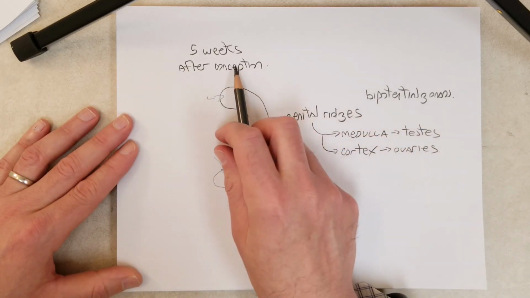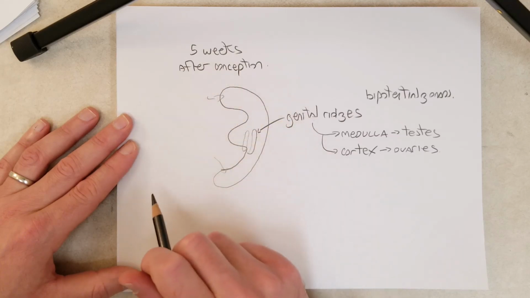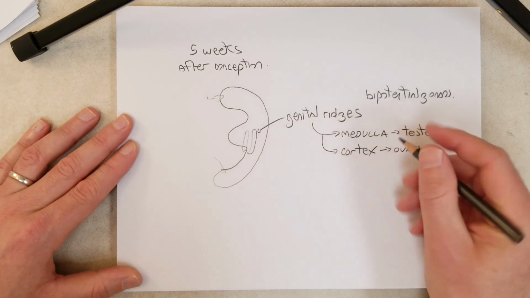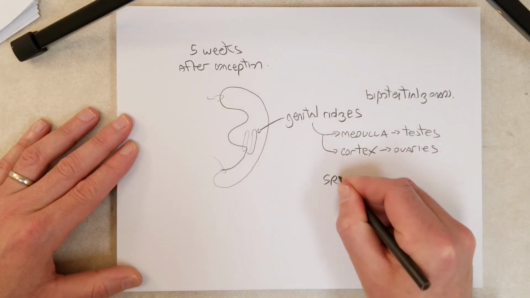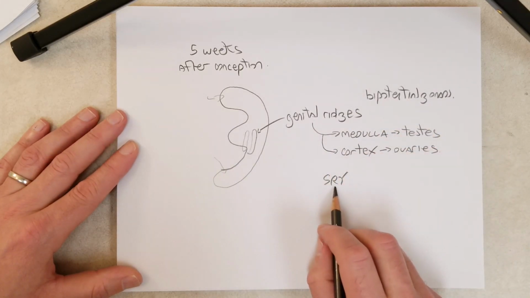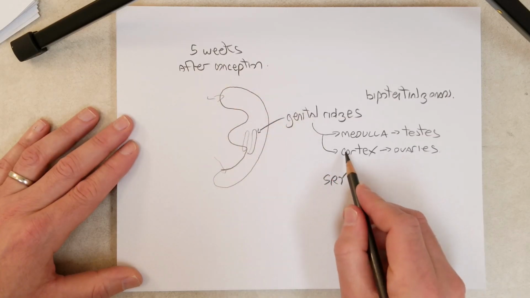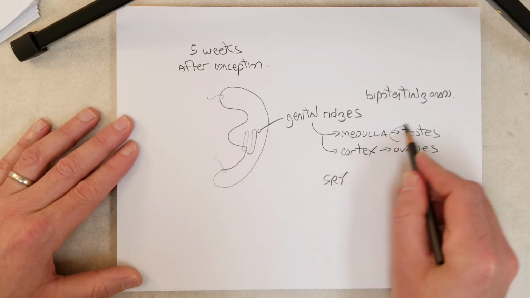So at about 5 weeks, this is when the signal from SRY either begins or maybe it's not recognized until 5 weeks. But if SRY, the protein product of the SRY gene, that transcriptional activator, is present at 5 weeks, the medulla develops into testes.